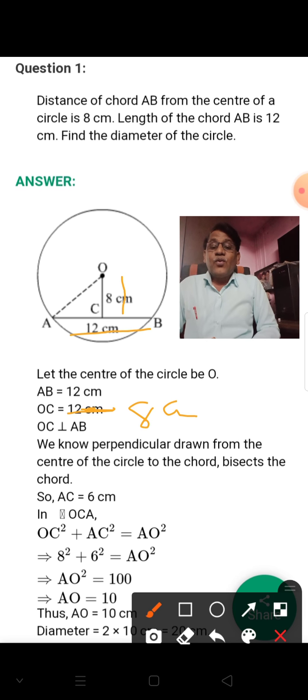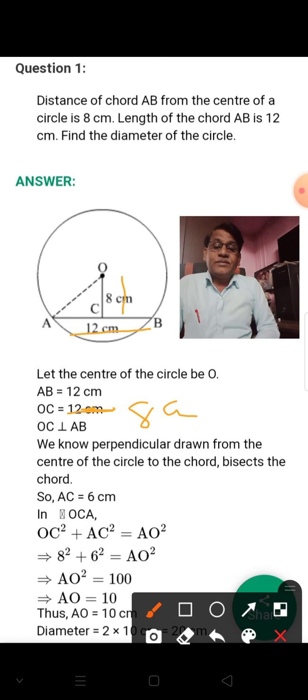And OC is perpendicular to AB because the distance is always perpendicular. So OC divides AB into two equal parts, that means it bisects AB. We know a perpendicular drawn from the center of the circle to the chord bisects the chord. So therefore AC is equal to 6 centimeter.